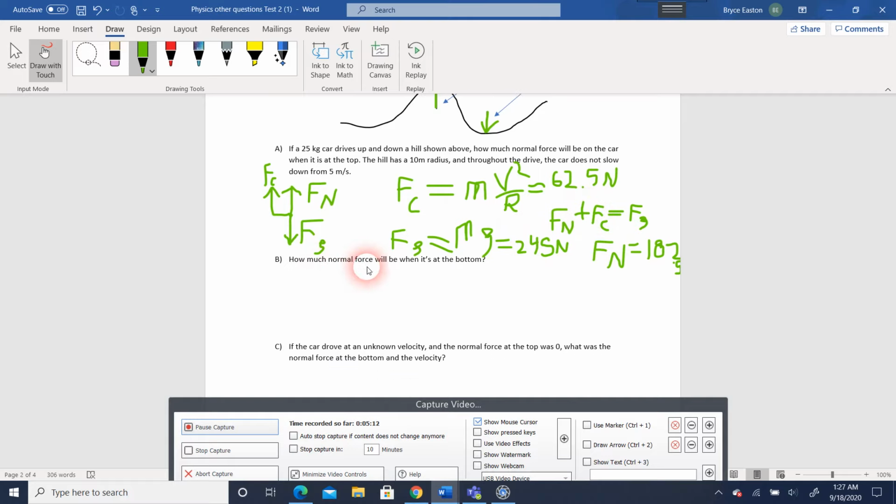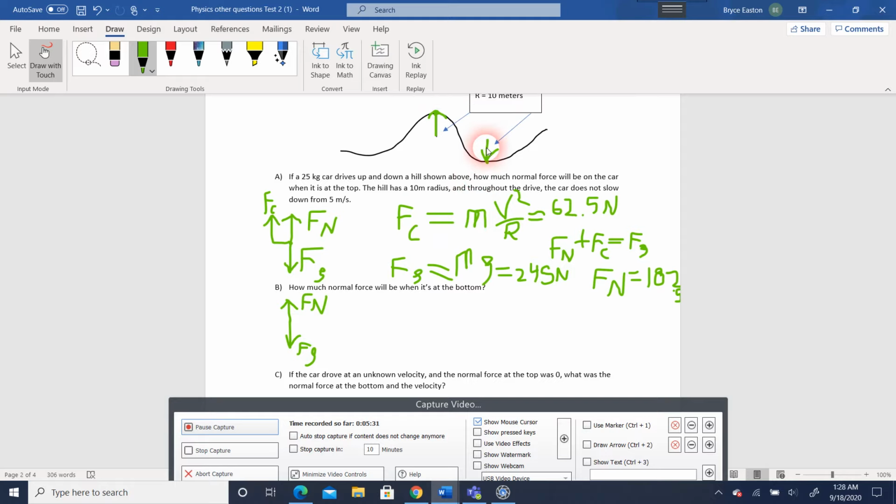Then it wants to know what the normal force is at the bottom. So we're just going to do a free body diagram right there. Once again, we have F normal coming up and gravity coming down. This time, since we're on the bottom, the centrifugal force will actually be coming down with gravity.